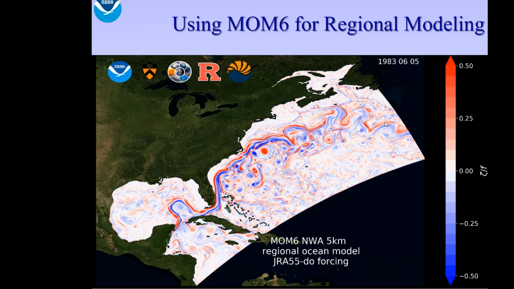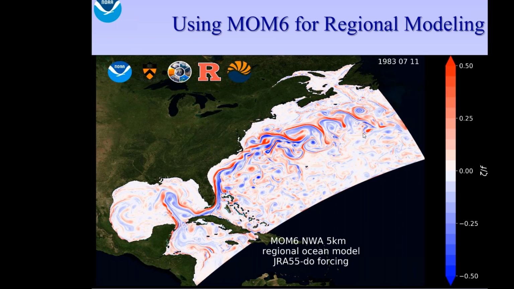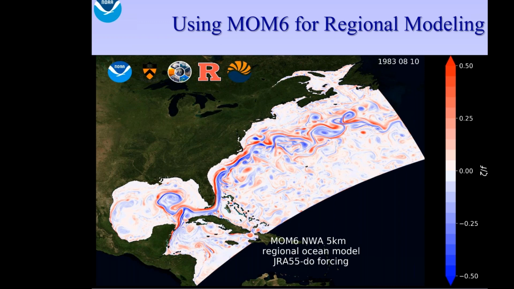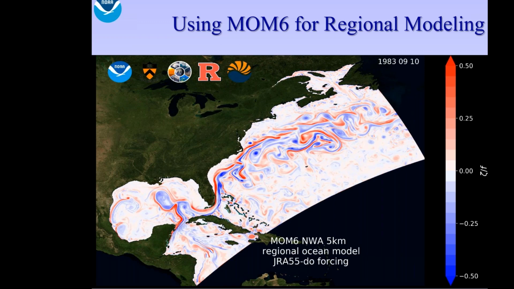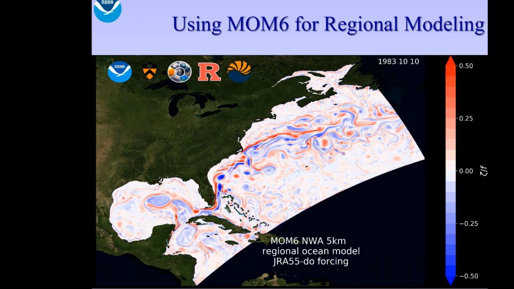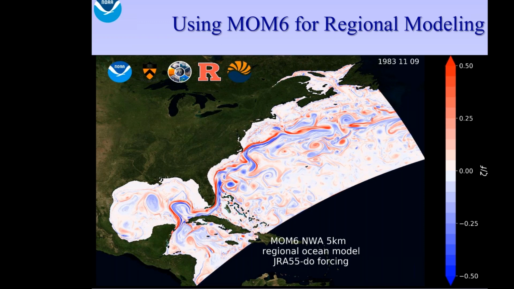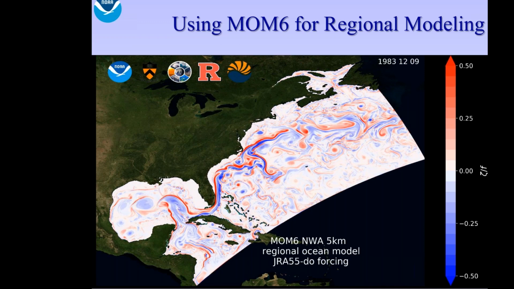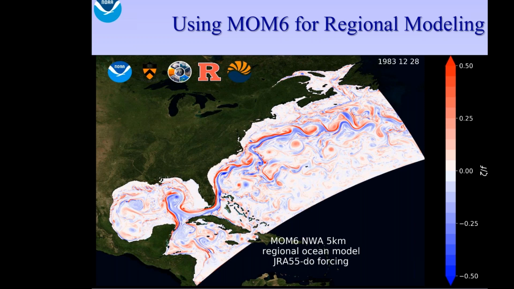You're really not seeing too many boundary artifacts coming in to this simulation, quite apart from being quite an attractive animation. There are some that are there, but they're subtle, and we're working on even improving those, but we're quite pleased with how this is working in a regional configuration.